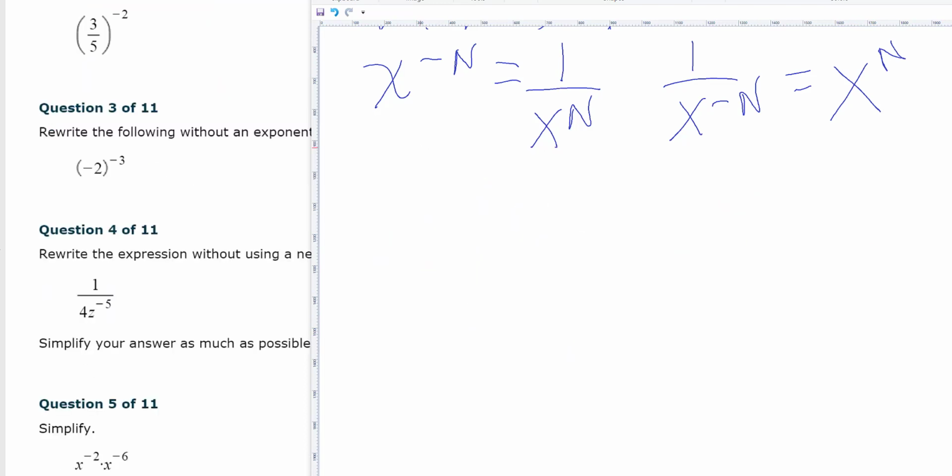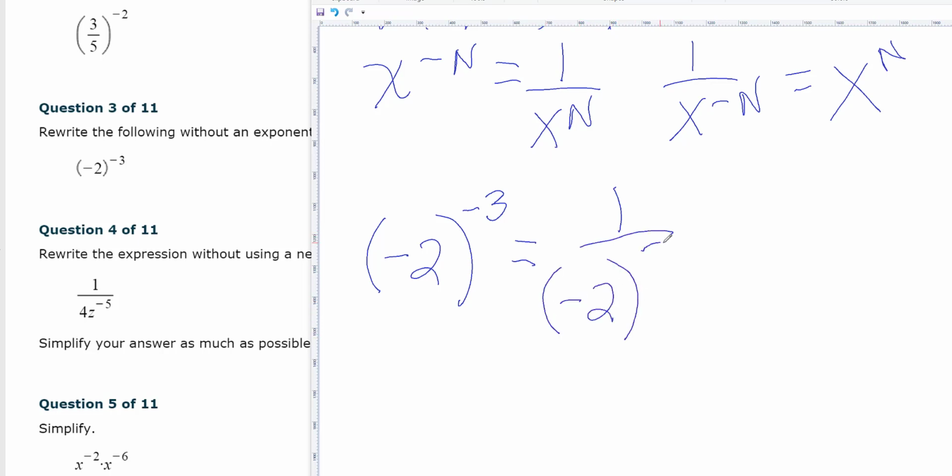Number 3. The base is negative 2. It's raised to the negative 3. Now notice that the base is in parentheses. We must leave that base in parentheses until we have evaluated the exponent. So we're going to take this base, negative 2, place it in the denominator with a positive 3 exponent.